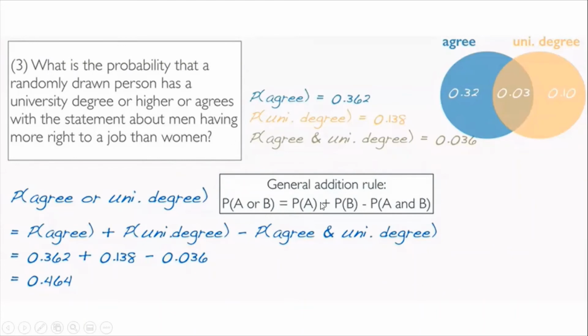We plug in the values: the probability of A is 0.362, the probability of B is 0.138, and then you subtract the intersection. Now we got 46.4% who get either of these.